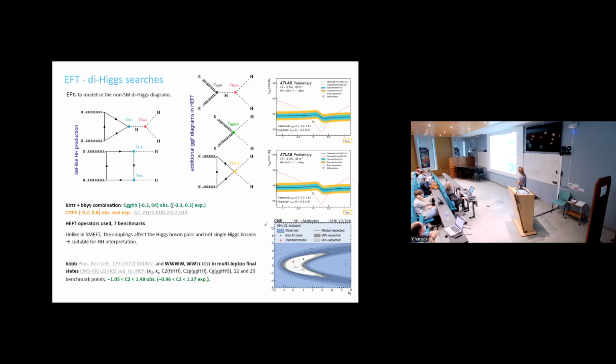And here you have the results for cHHH and ctthh obtained by ATLAS for the bb tau tau and bb gamma gamma combination. Similarly, you have the same kind of interpretation in CMS for the 4b final state and the multi-lepton final state. And here you have the exclusion limits for the ctthh coupling in the kappa top frame.